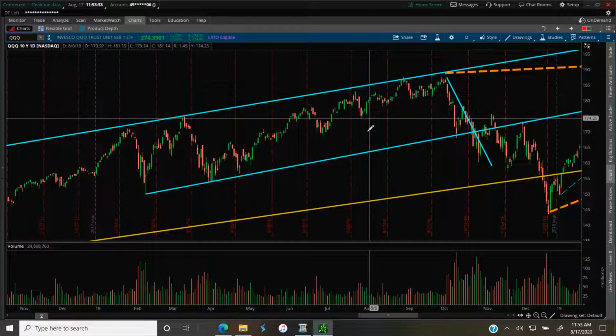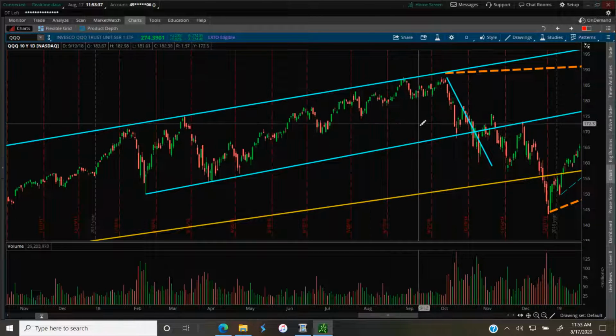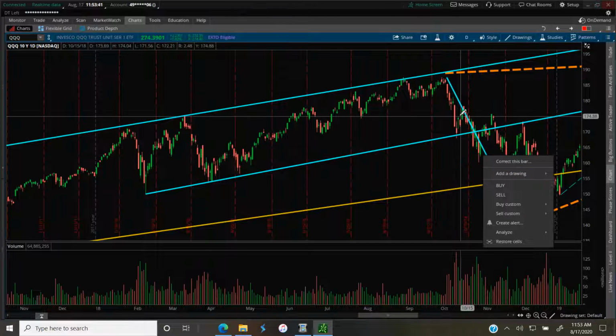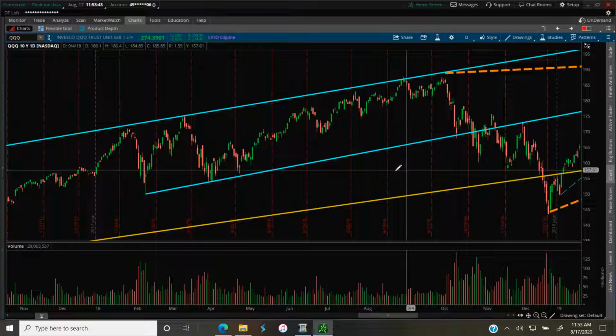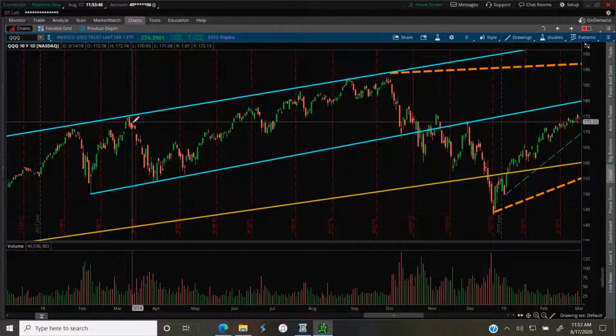Now we have this channel. Price is in this channel. Notice how it broke under. Let me remove this. See how now price is in here?